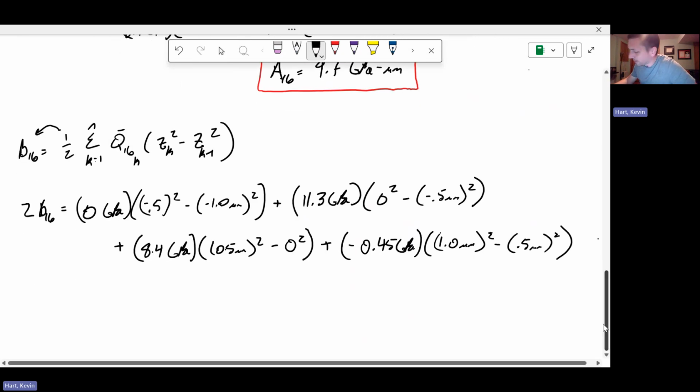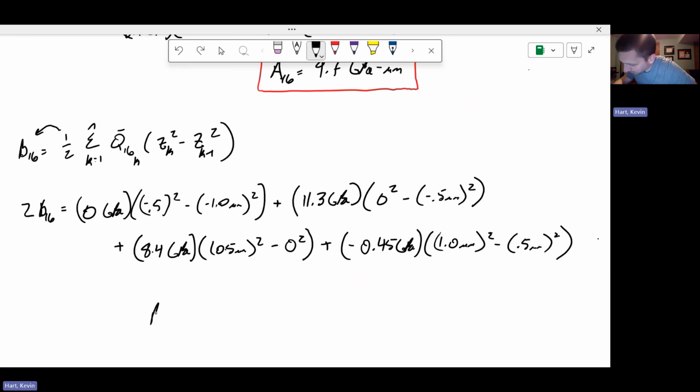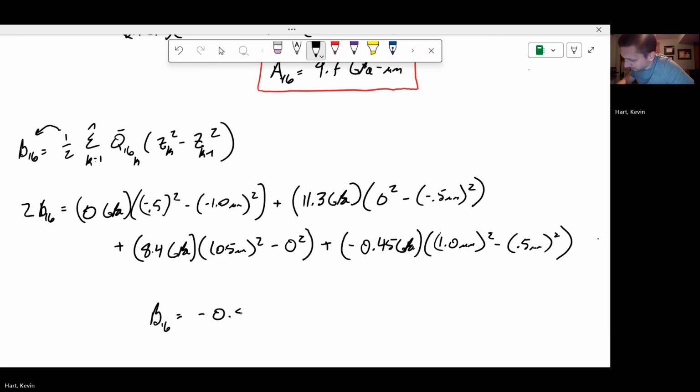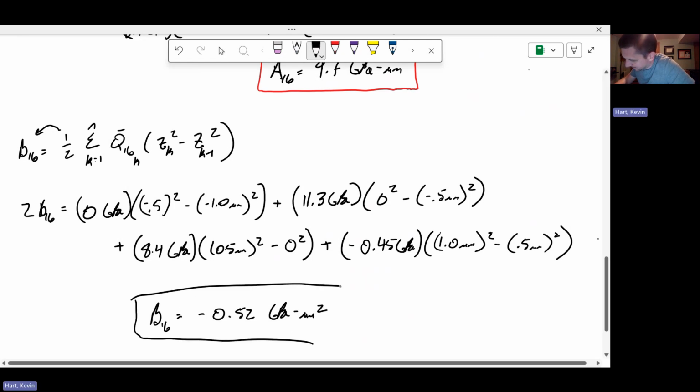Okay, that's generally the calculation. Don't forget about the 2. You have to bring the 2 to the other side. When you do that, B16 is going to be negative 0.52 GPa millimeters squared. All right, that's B16.